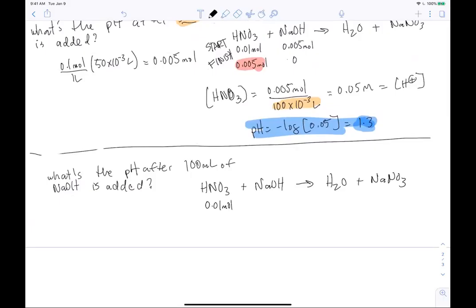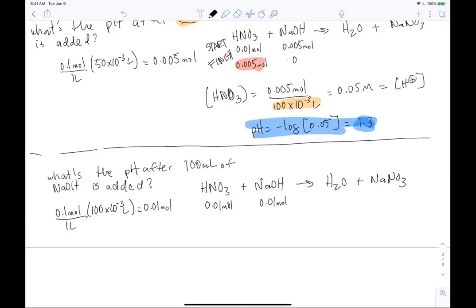And so we need to calculate how many moles of sodium hydroxide we've added. And we come out with 0.01 moles. I'm going to do it on my calculator just to be sure, just because it's early. I don't do as much math as I used to. Yeah, so we've added 0.01 moles.